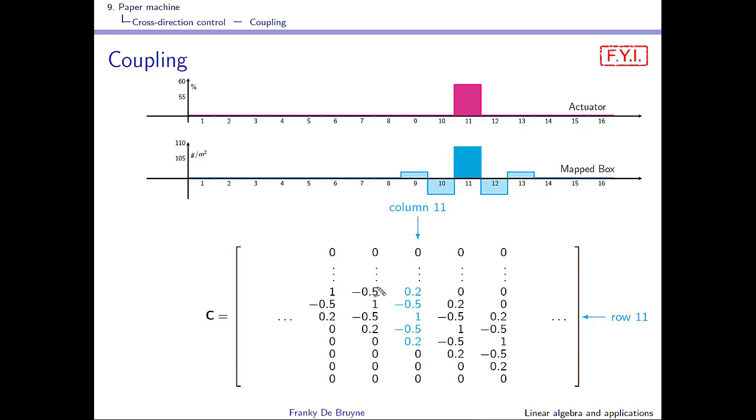So that you have here, for instance, other values than you have over here. What you can see is that this coupling matrix will be what is called band diagonal.